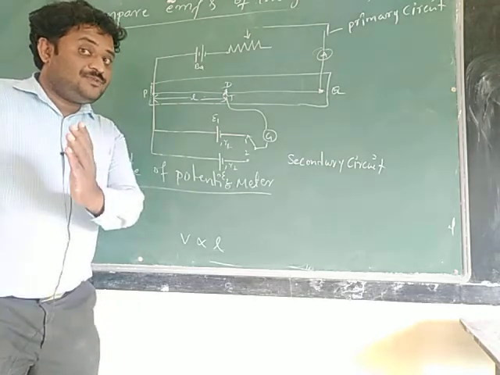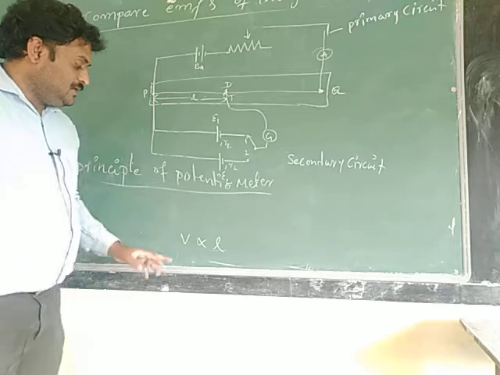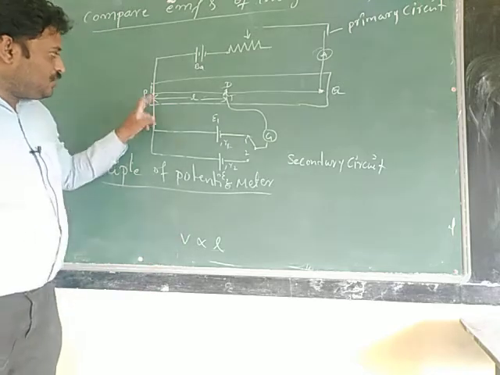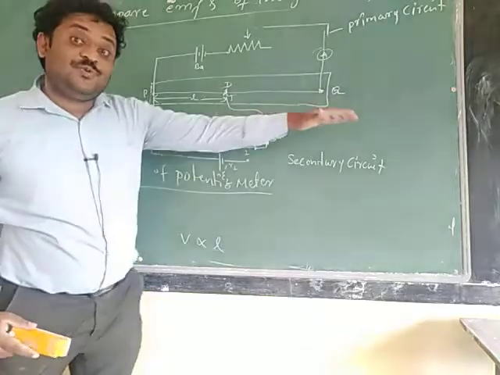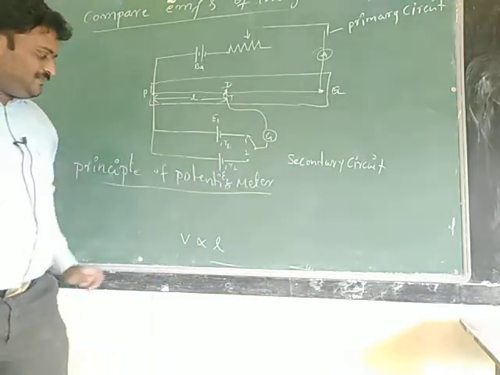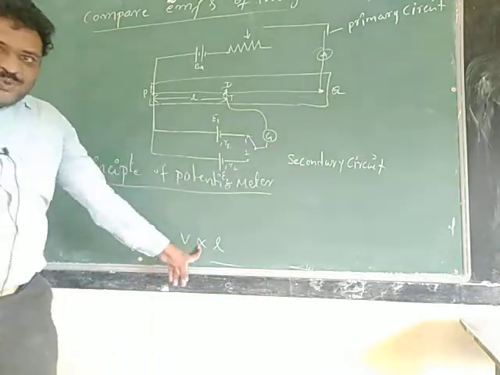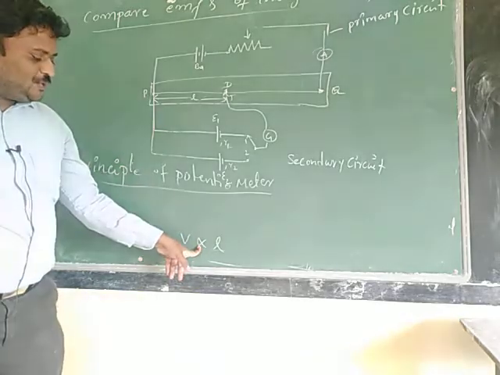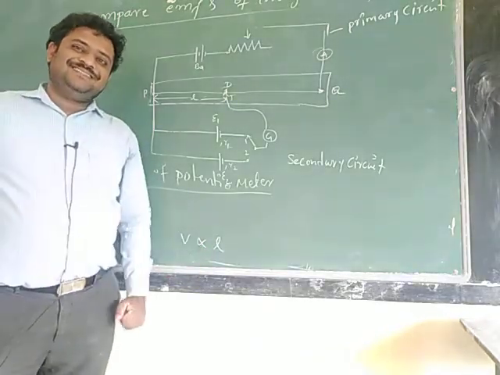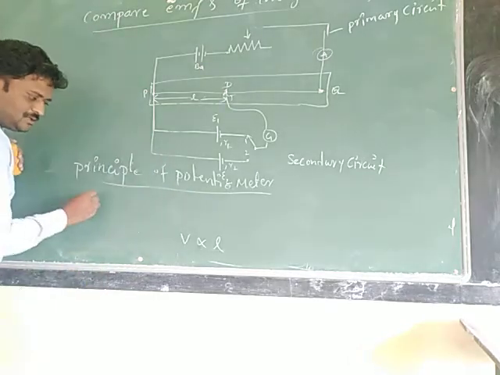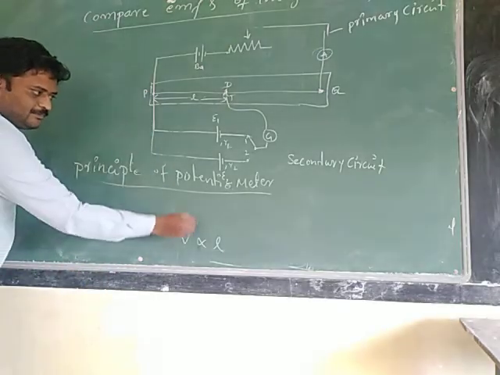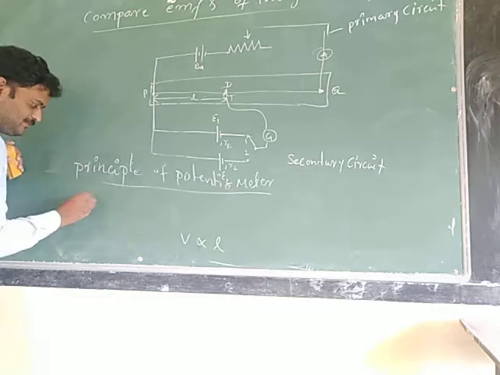How do you state the principle of the potentiometer? The potential drop across the uniform cross section of the wire, when a steady current flows across it, is directly proportional to its balancing length. Can you state the principle of the potentiometer?